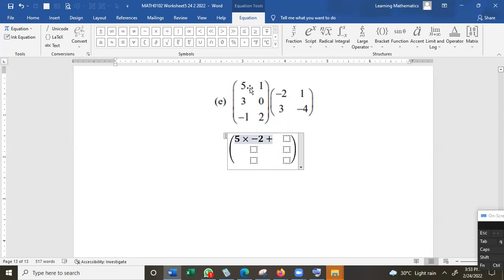No, it is row by column. It's not row by row. Right, row by column. 1 times 3. That is why we count the number of elements in the row of the first and the number of elements in the column of the second. That is why you have that rule.